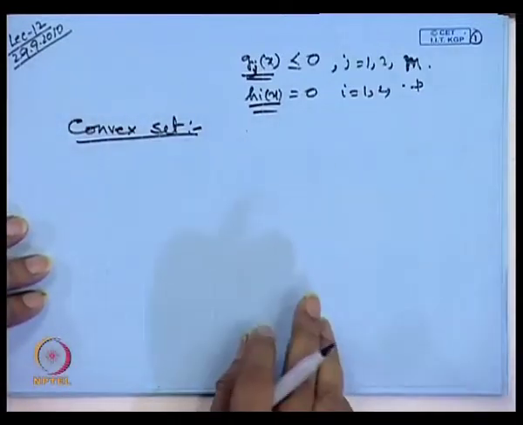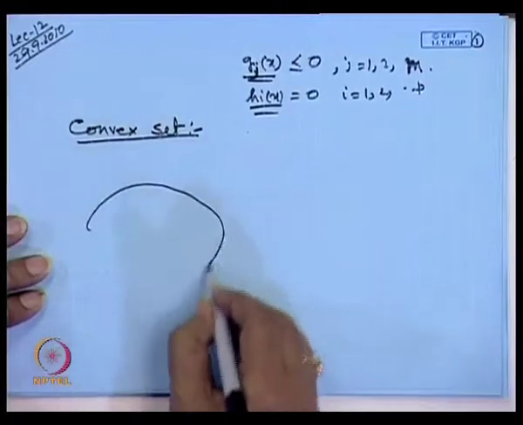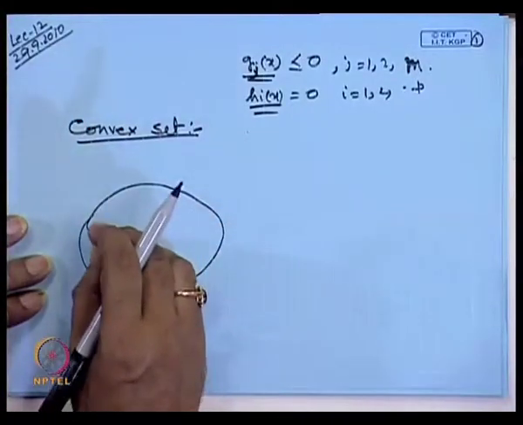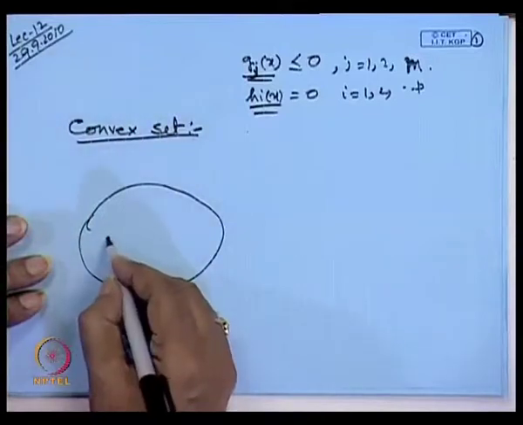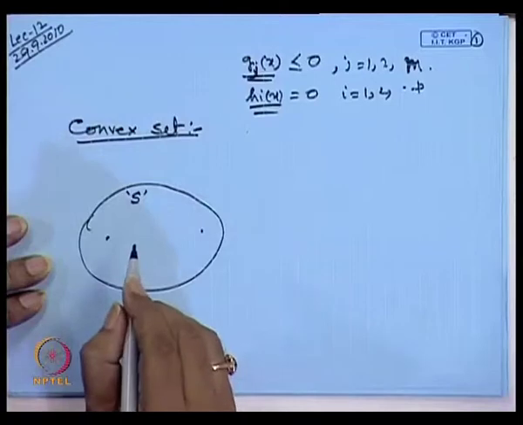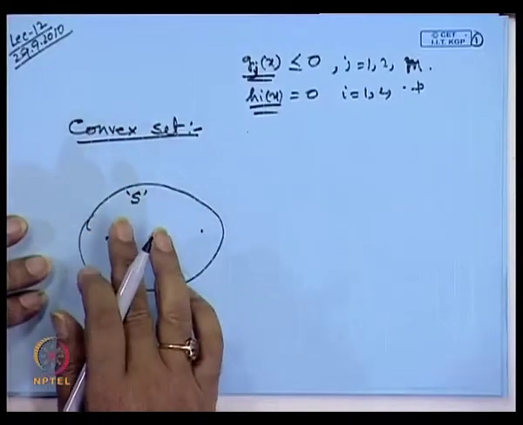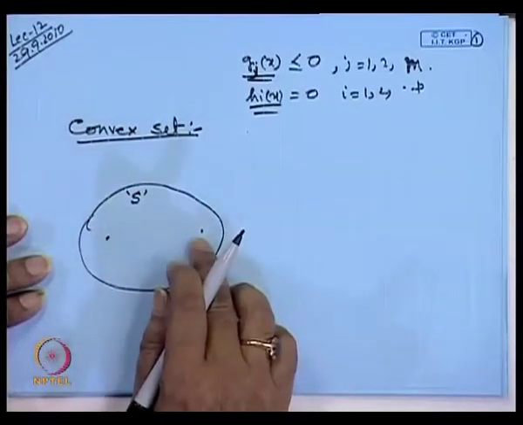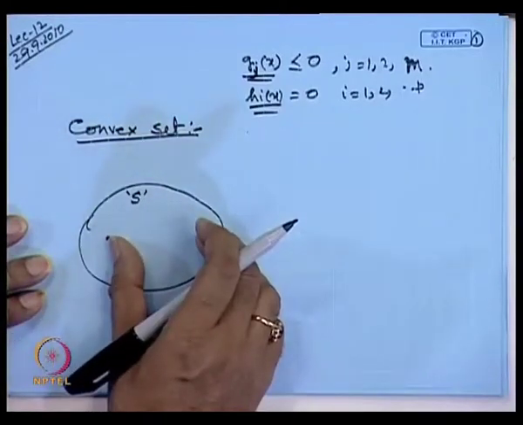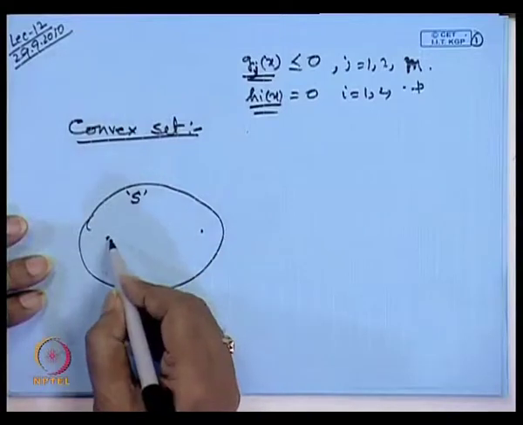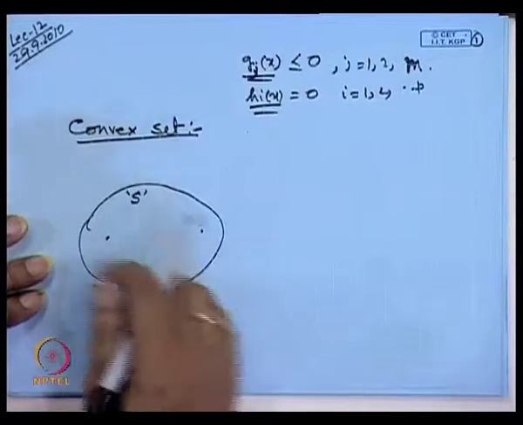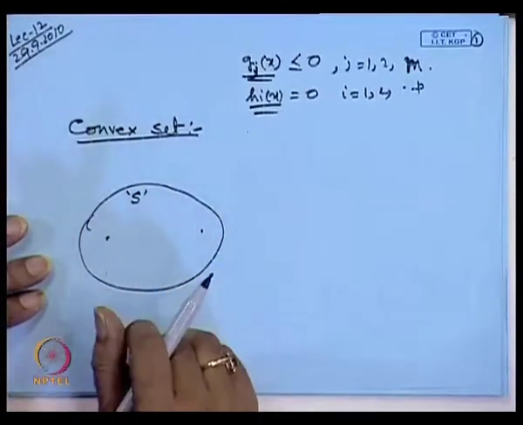Suppose this is the set S. This set will be convex if you take any two points on this set and form a line segment, and any point on the line segment belongs to that set. Then we will call this a convex set.